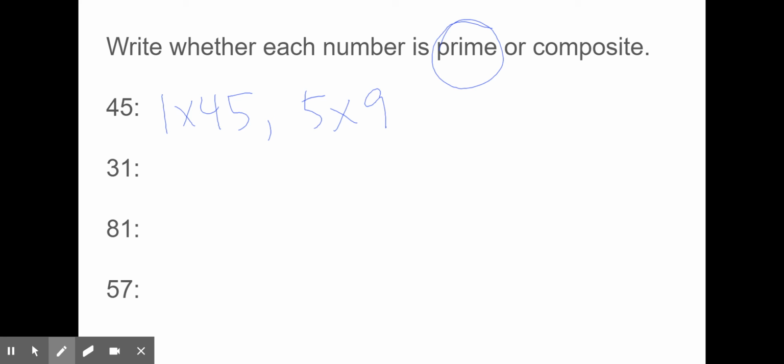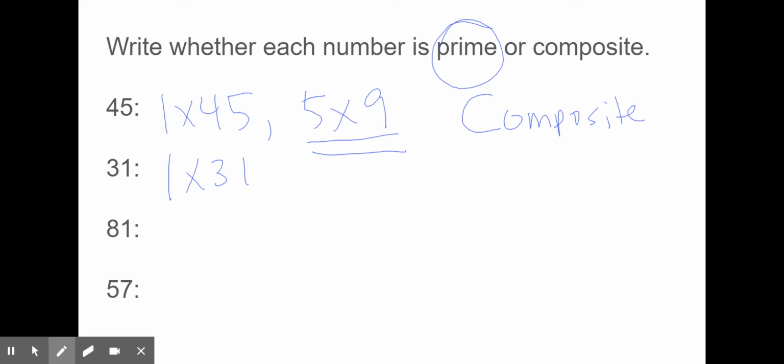And there could even be more, but that wouldn't matter because this extra one already proves that 45 is composite. And I'm going to allow you to use the letter C for composite, or if you want to, you can write it out. It's up to you. Looking at 31, we have 1 times 31.